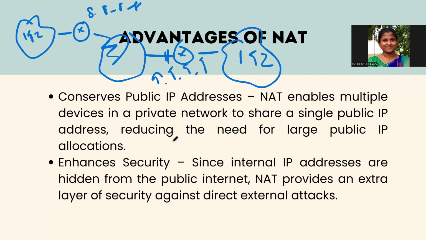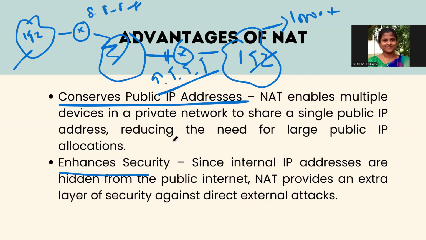Maybe here I have 10,000 plus users, and these 10,000 plus users are known only by 9.9.9.9. So there is a reuse of the IP addresses between this network and this network. So you conserve the public IP addresses.